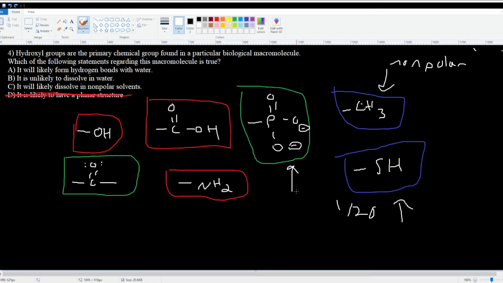These negative charges can attract positively charged ions, aka cations, or they could attract something like water or other polar substances, right? They could attract the positive poles of water, aka the hydrogens of the water. That's why something with phosphates is very polar.